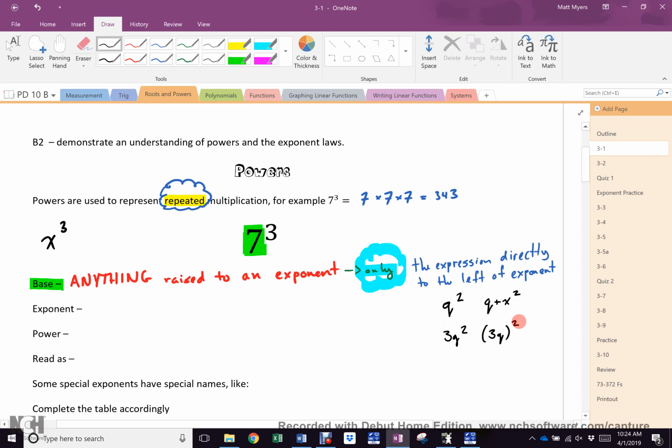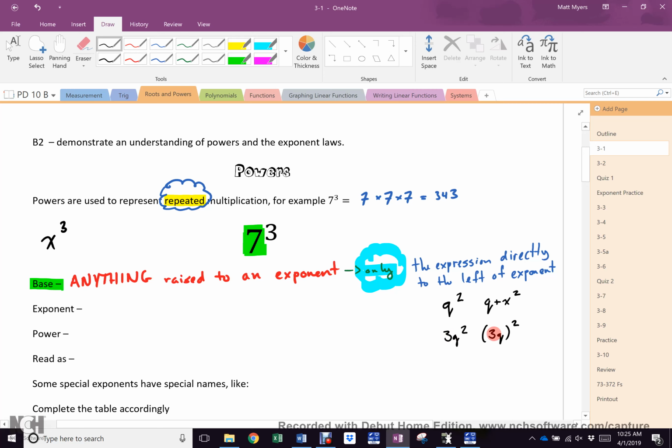What is the base here? Q. So what is the only thing that is being multiplied twice? Just Q. Good. What is the base here? Q. I saw it as Y. That's fine, Hazel. It looks kind of like a Y. It could also look like a G, but it's a Q. What's the base? Q. So what is the only thing that is being multiplied? Just Q.